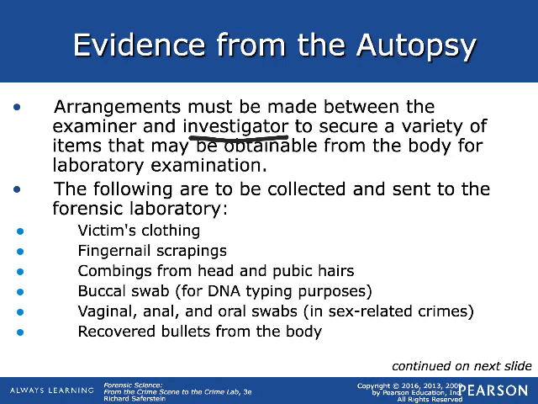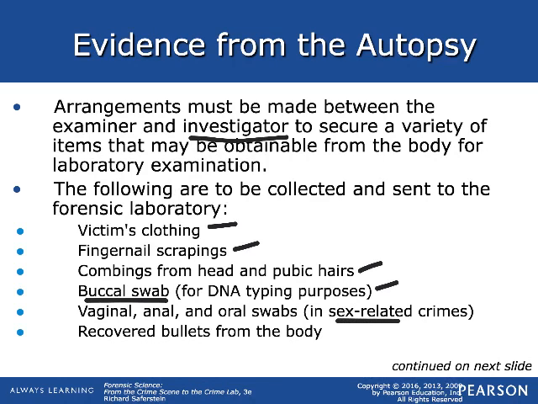They're going to look at the victim's clothing. They're going to do fingernail scrapings and collect them. They're going to comb the head and the pubic hair to look for any evidence that might be in there. They'll do a buccal swab, which is a cheek swab inside, to collect DNA so that they can use it as a standard or a reference.